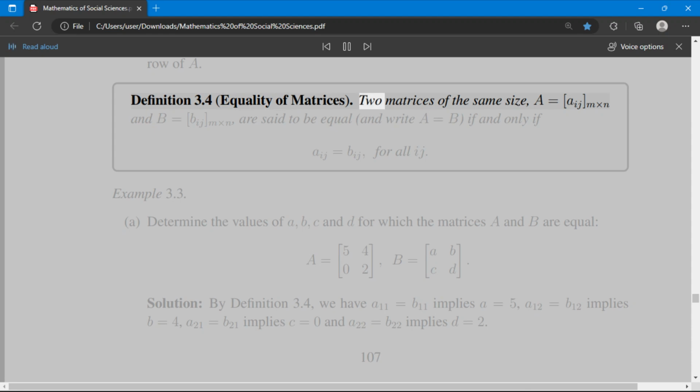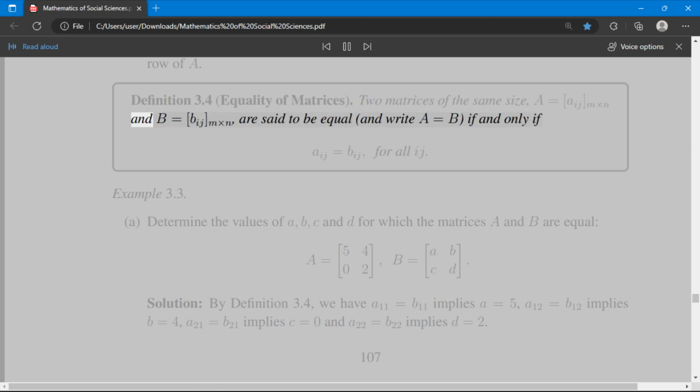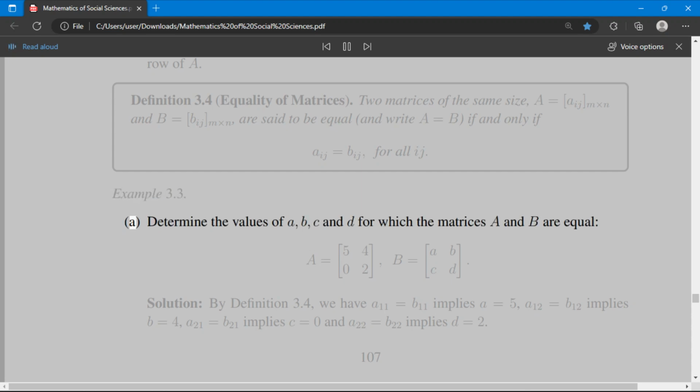Definition 3.4. Equality of matrices. Two matrices of the same size, A equals aij m times n and B equals bij m times n, are said to be equal, and we write A equals B, if and only if aij equals bij for all i, j.